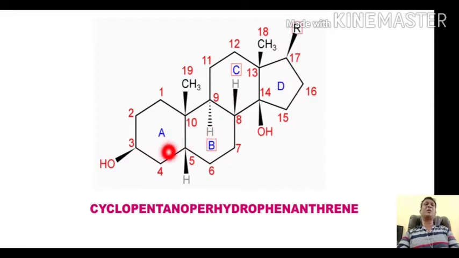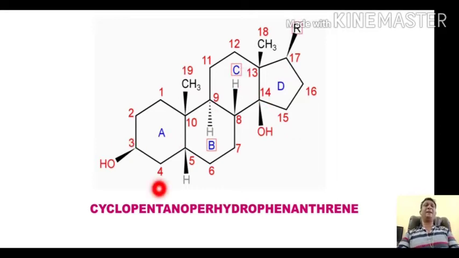When these double bonds get saturated with hydrogens, it is considered perhydrophenanthrene, and that's why the IUPAC name is cyclopentano perhydrophenanthrene.